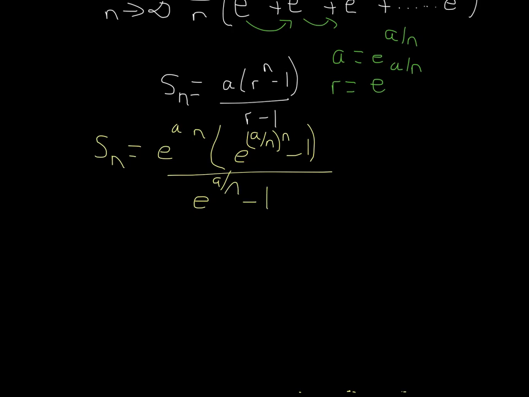So we know that the integral of e to the x is really the limit as n approaches infinity of this expression. Sorry, that's just e to the a now.